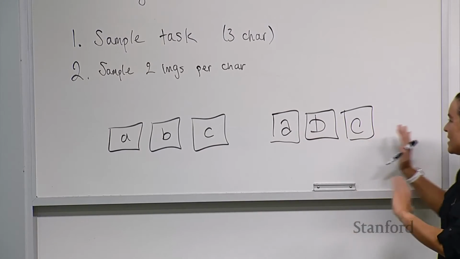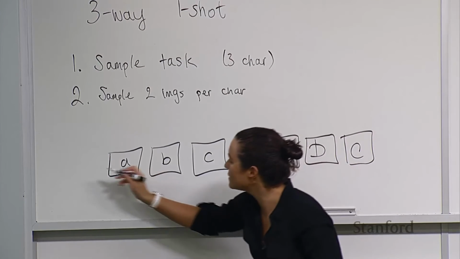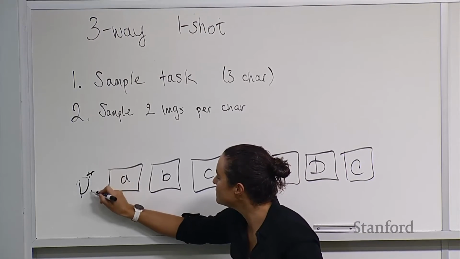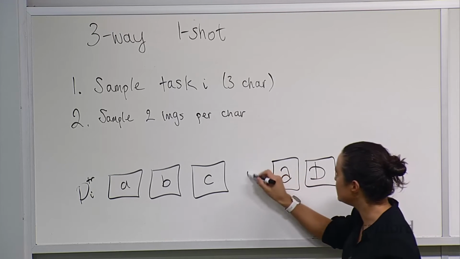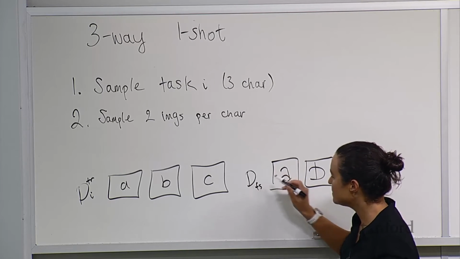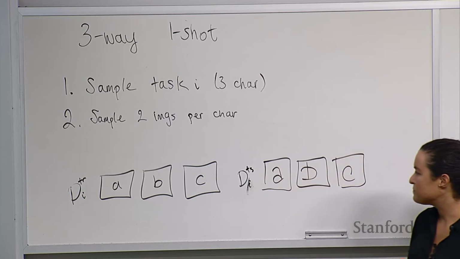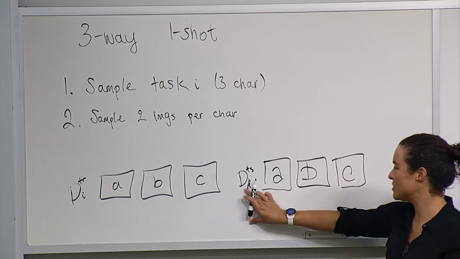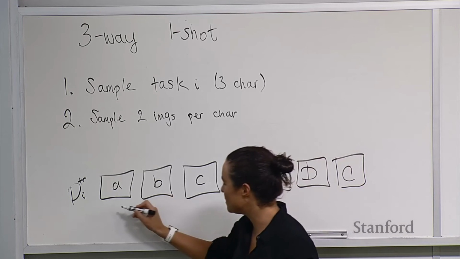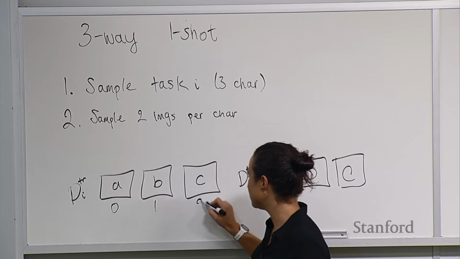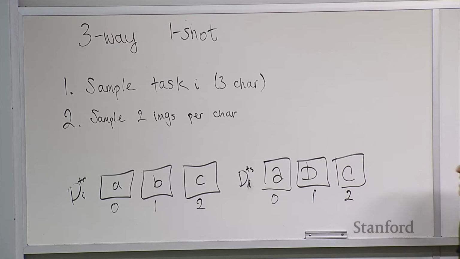So this will be our D-train for task i, maybe we sampled task i, and this is going to be D-test for task i. Now, one thing that we're missing here is labels. We need labels in our train set and test set. So we're going to assign labels to each one of these. So we can say label 0, 1, 2. It's important to have consistent labels across our characters.